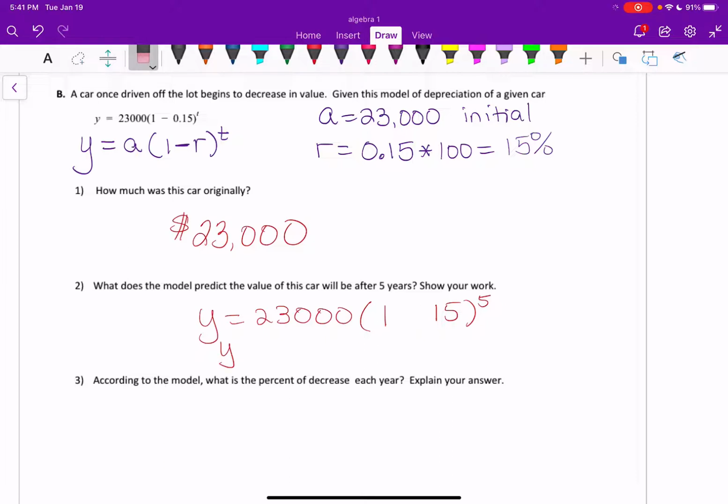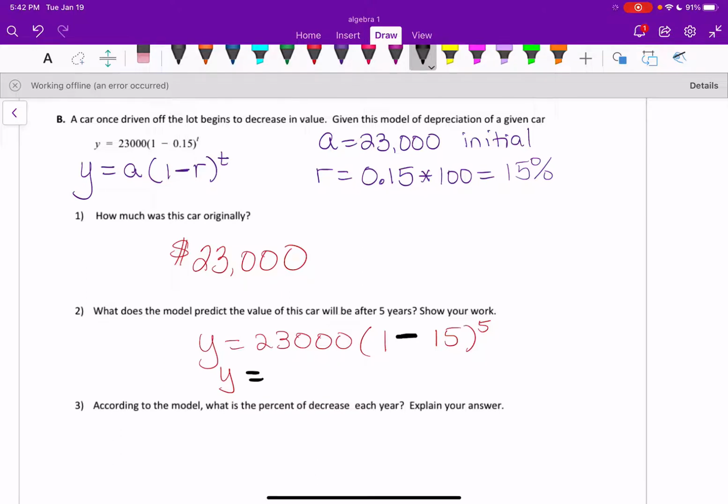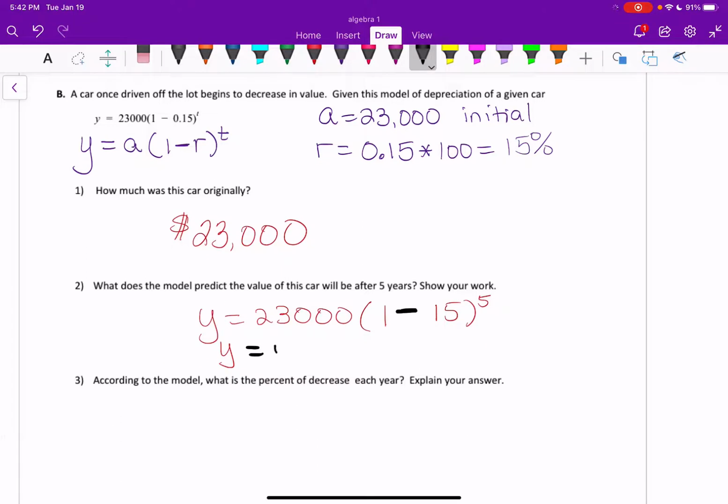This should be subtraction, and I put addition. So I need to go back into my calculator and fix that. The reason I knew I was wrong is because I got $46,000. If this car is depreciating, it's going to be worth less than that. So it's $10,205.22 is how much it's going to be worth in 5 years.